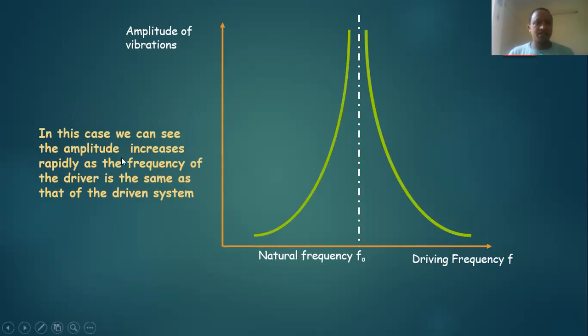In this, we can see the amplitude increases rapidly as the frequency of the driver is the same as that of the driven system. So we have a driven system and a driving system. When both of their frequencies coincide, that is what we call resonance occurrence.